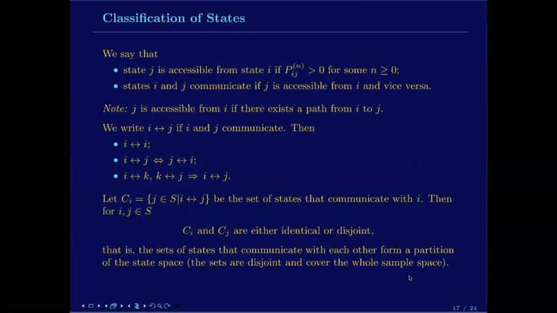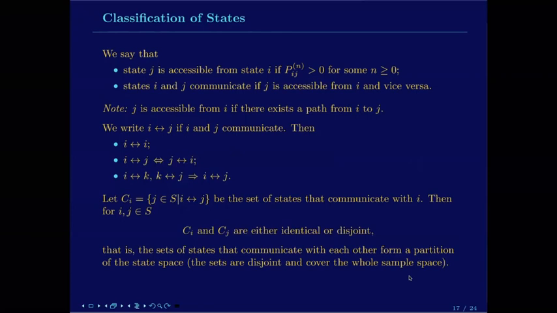And then by the transitive property, i and j must also communicate and therefore must be in the same class. So as soon as the two sets have a non-empty intersection, they must actually be identical.